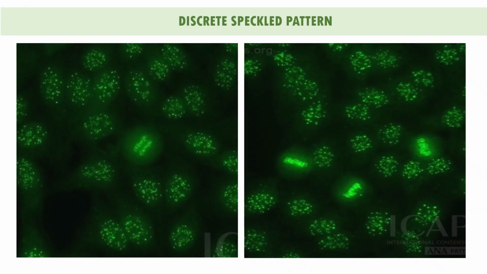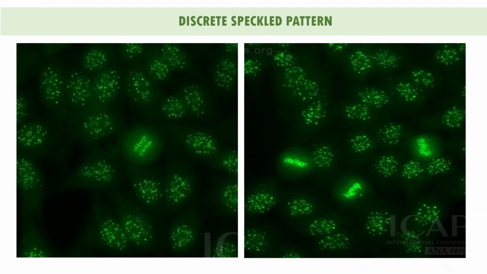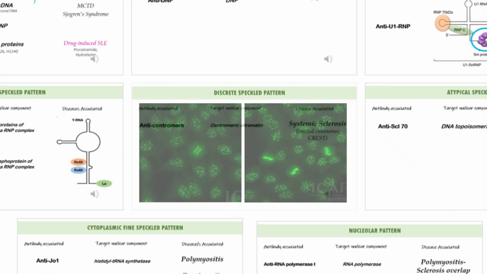So this is how a discrete speckled immunofluorescence pattern looks like. For its description, it is associated with discrete coarse speckled granules which could either be scattered in interphase cells or they could be aligned in metaphase cells.